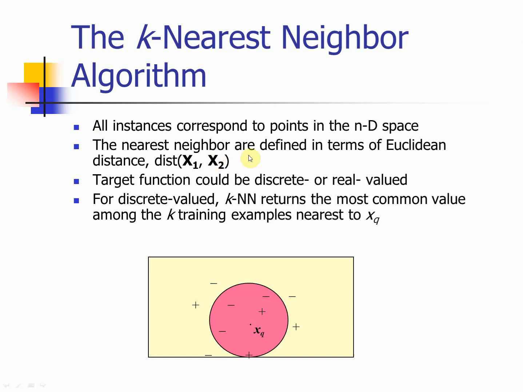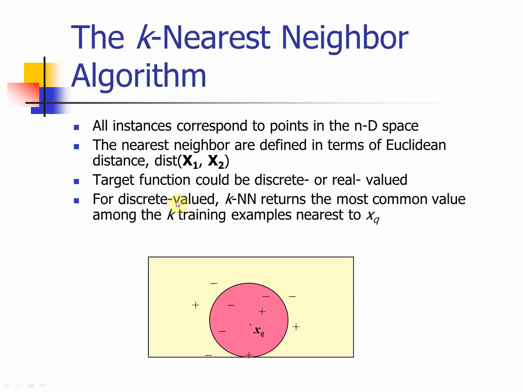The nearest neighbors are defined in terms of Euclidean distance as the most traditional method for k-nearest neighbor. The target function could be discrete or real valued, and basically for discrete values, k-nearest neighbor returns the most common value among the k training examples nearest to the testing data that you have.